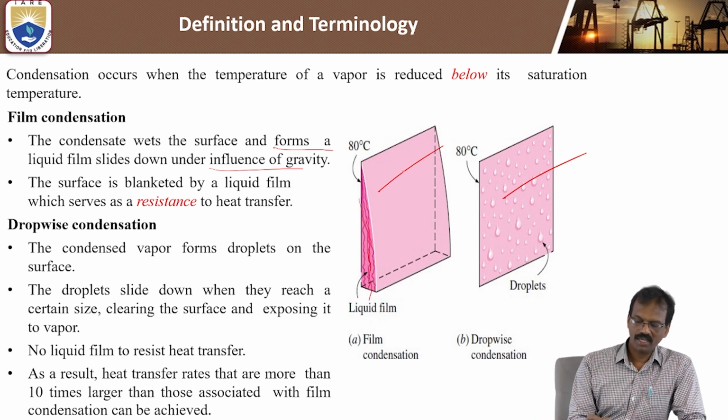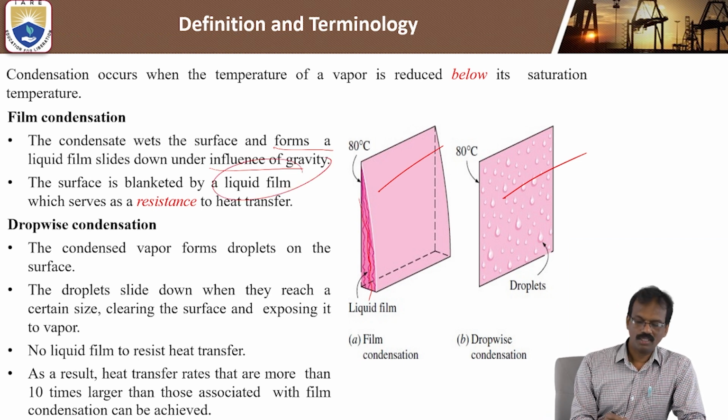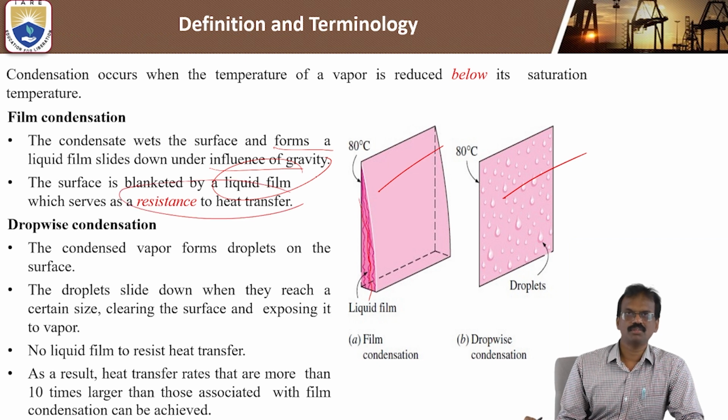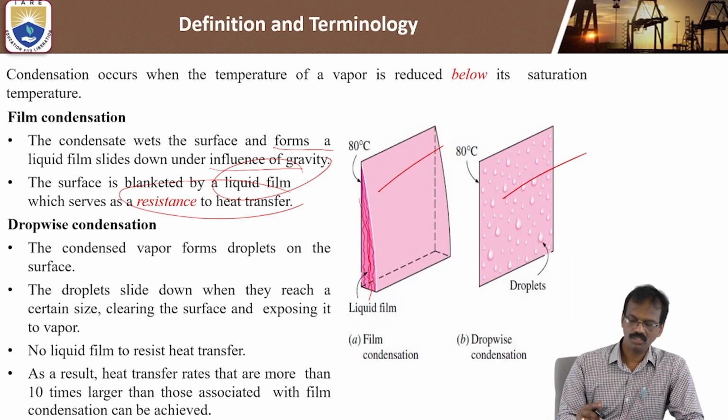The surface is blanketed by the liquid film, which serves as resistance to heat transfer. This is because the film has low conductivity, as it is a fluid. Thermal conductivity of the fluid is very low compared to solid. So this is called film phase condensation.